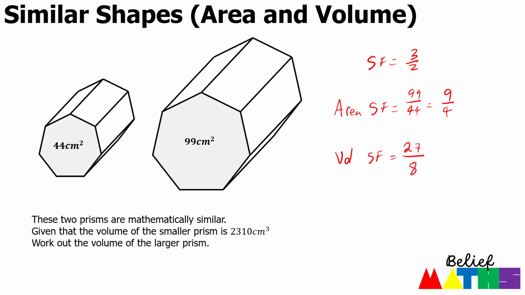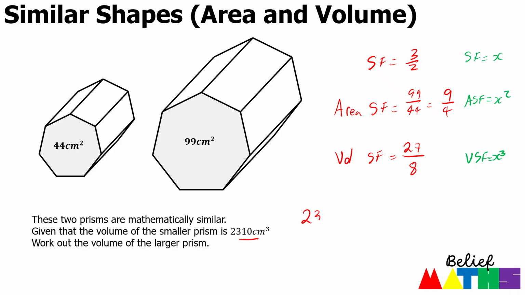So the key thing to remember there is that if your scale factor equals x, then your area scale factor is x squared and your volume scale factor is x cubed. Okay, and that's the relationship between them. So now because we have a volume scale factor and we have the small volume, we're going to multiply by that.